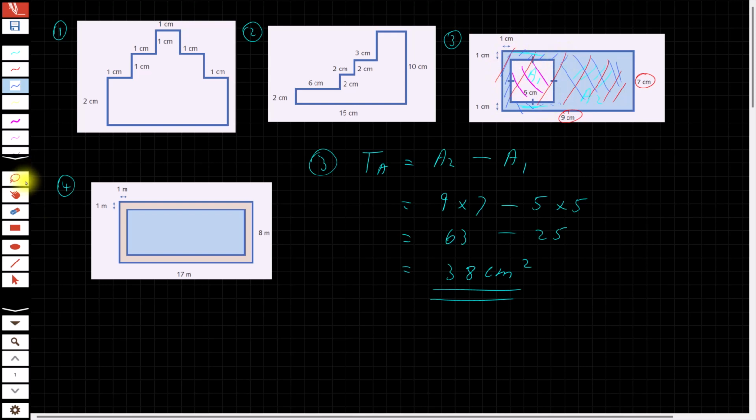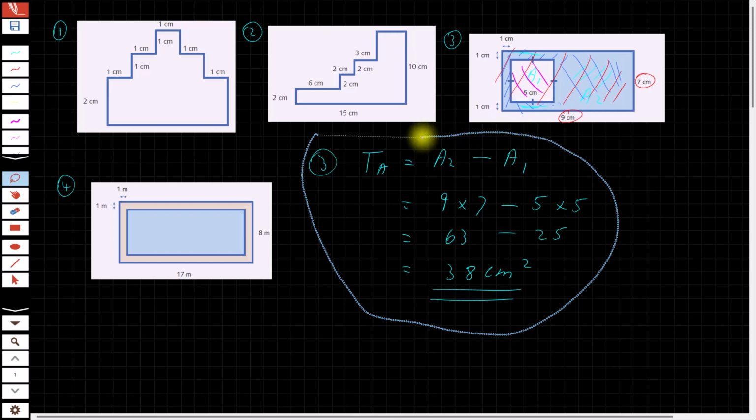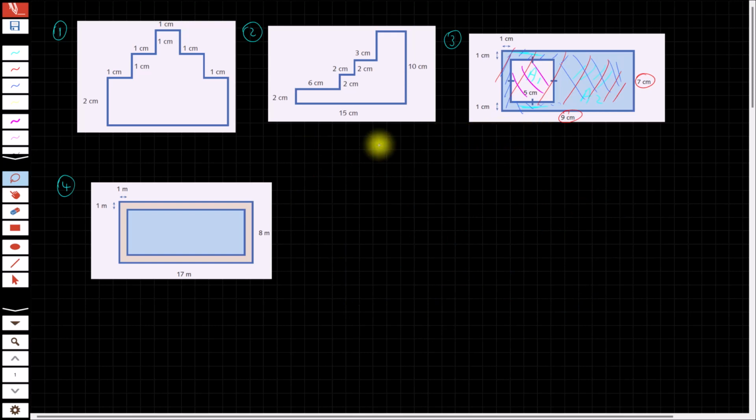Okay, let's move on to the next problem. We have this problem here, number 4, and we want to calculate the area of this little part going around the edge here, and we also want to calculate the perimeter.